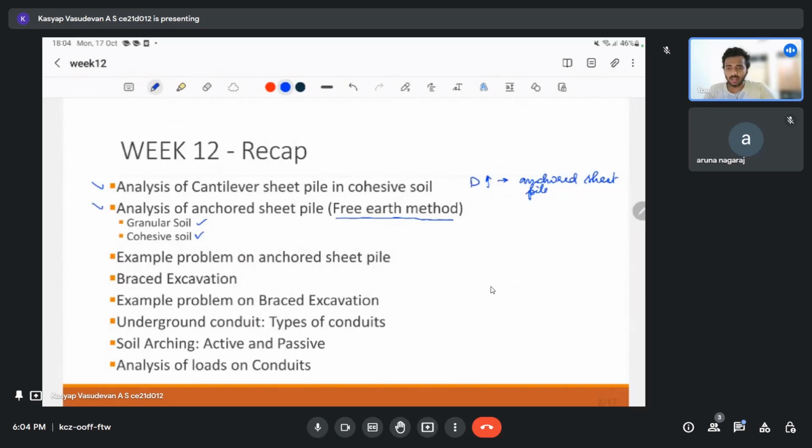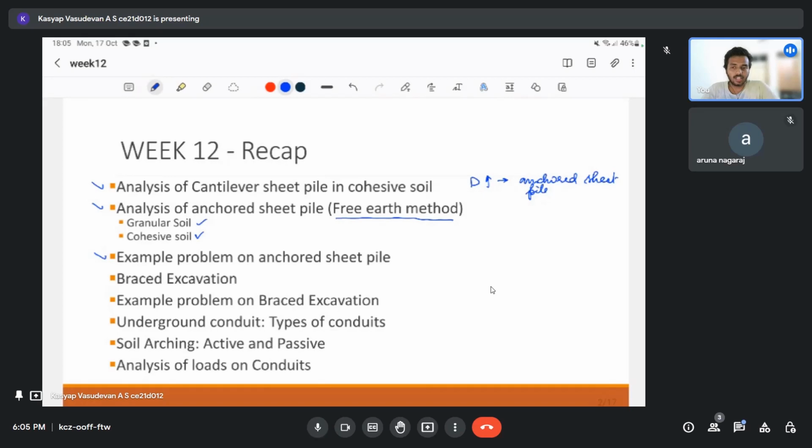After that, we moved on to some example problems on anchored sheet pile, and then came the braced excavation. Braced excavation is very important in the field, especially during construction. Whenever we are doing an excavation, we need to support the backfill appropriately to avoid accidents and losses. In order to do that, we need to give sufficient protection for the backfill.